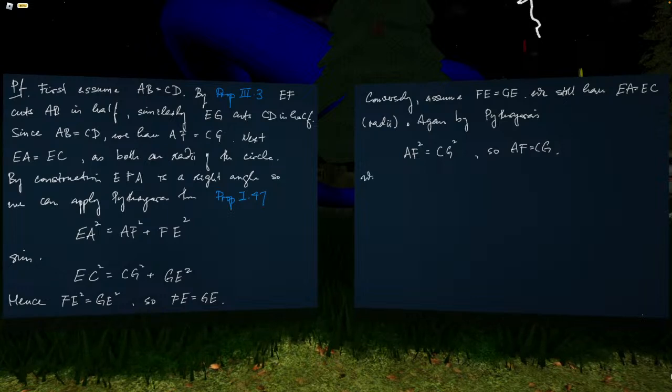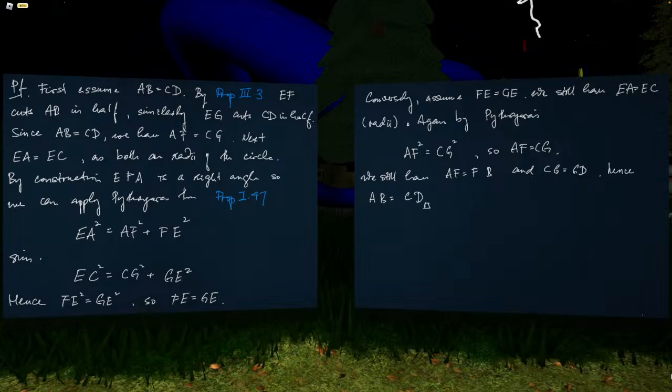So we still have AF is equal to FB, and CG is equal to GD. And so AF is equal to FB because it bisects the line, and CG is equal to GD, and so AB is equal to CD, and that's it.